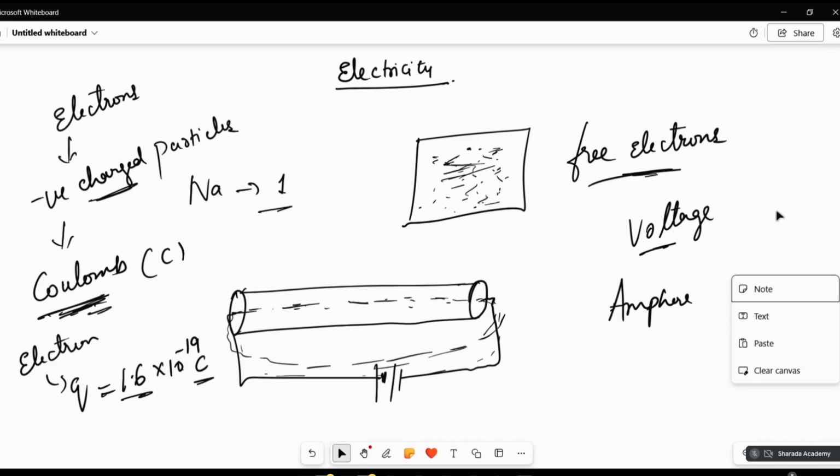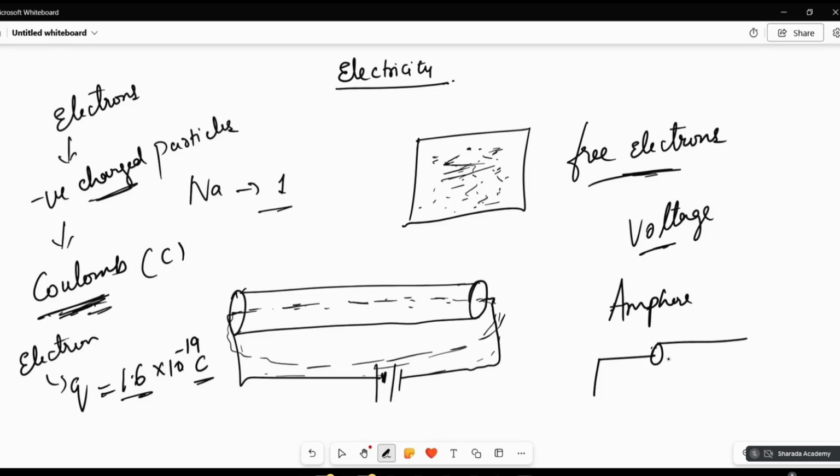So when you put in the battery, then this voltage is applied, in which direction is that across? Hope you will not get confused.